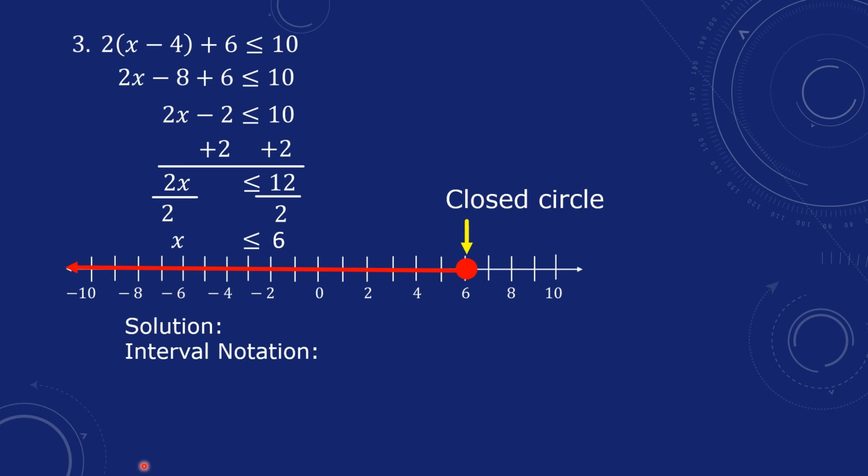The solution in interval notation is parenthesis, negative infinity, comma, 6, and then bracket. This bracket indicates that 6 is a value of x. And then for negative infinity, we always use a parenthesis.